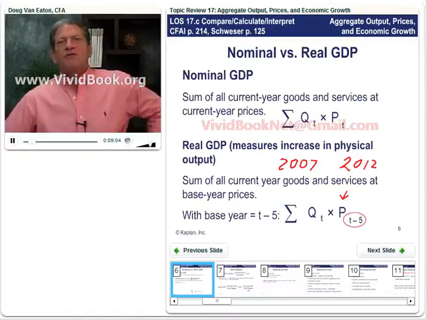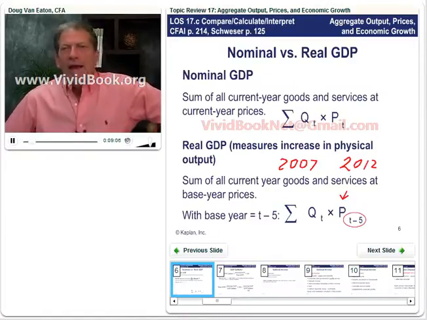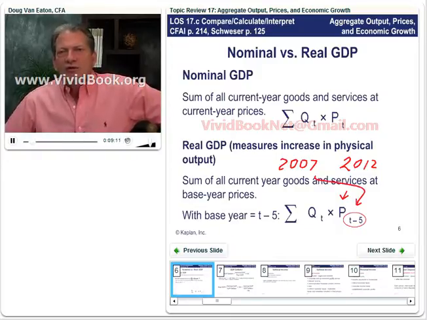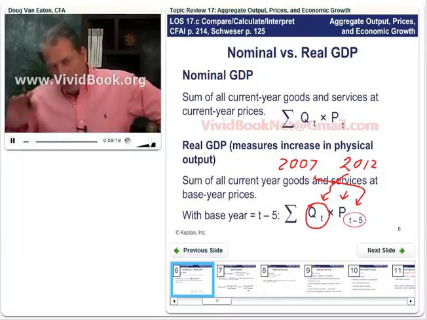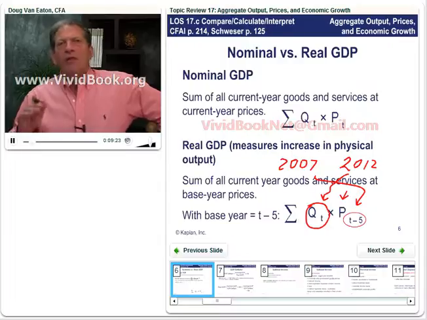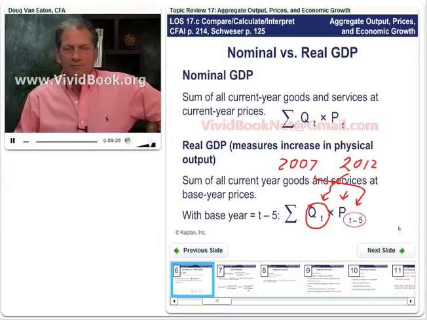Yeah, that's 5 years of growth there. And so what we would do is use the 2007 prices on the 2012 output mix. So we haven't got any inflation in there now. And so the real output we can measure that way using base year prices.